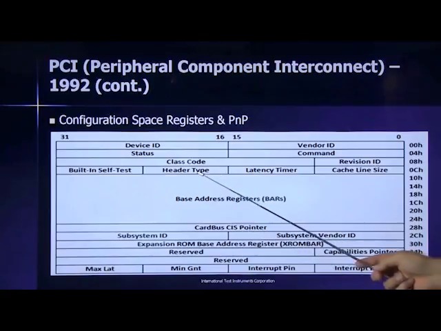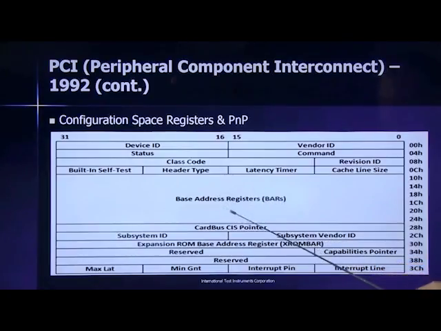Normally that would be header type 0, which is just a regular endpoint device, but type 1 is for bridges and so on. Type 2 is actually for CardBus devices. Subsystem vendor and device ID, I'm not going to talk much about that.